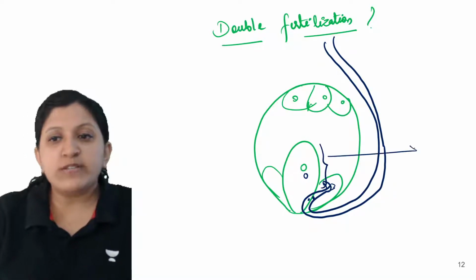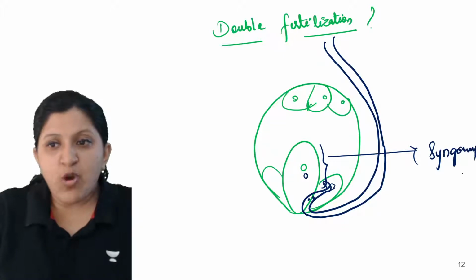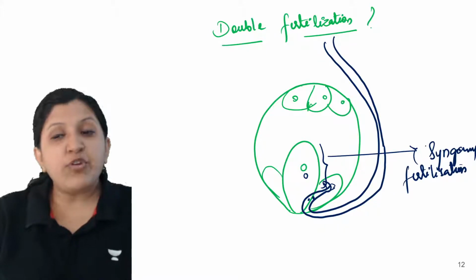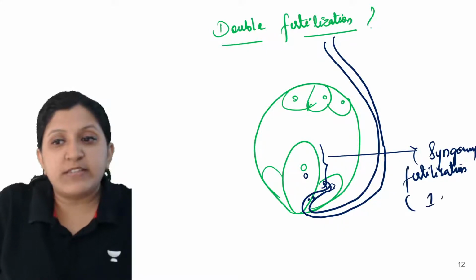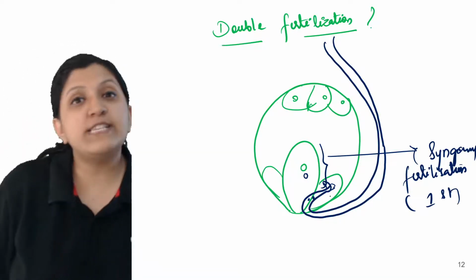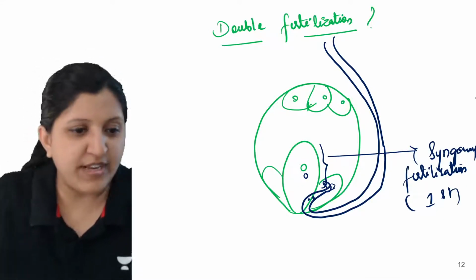So this process is basically syngamy. Okay, so syngamy, or in general terms we can also call it fertilization. Now this is the first fertilization. There is one more, because double fertilization occurs. So what is that other fertilization?